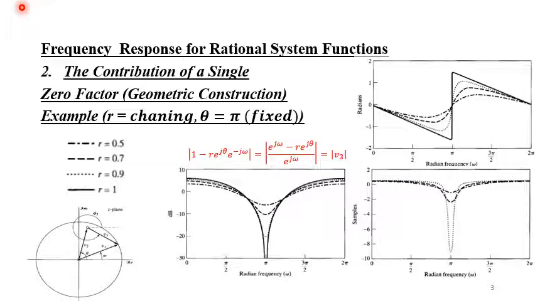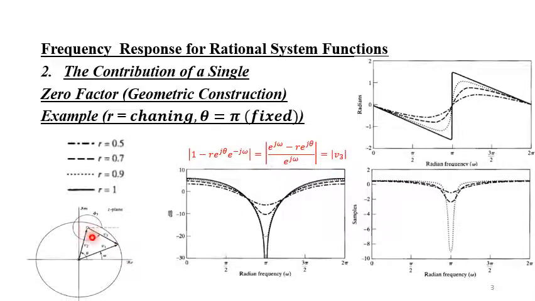As we discussed in the previous lecture, the magnitude response is given by this equation for the particular problem we are continuing. So it is simply equal to the magnitude of v3, which is represented here.